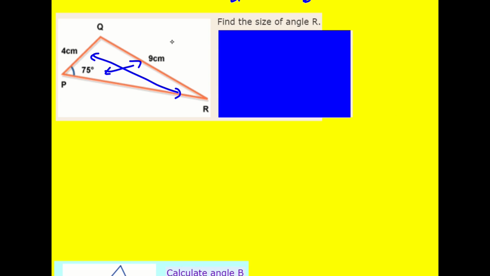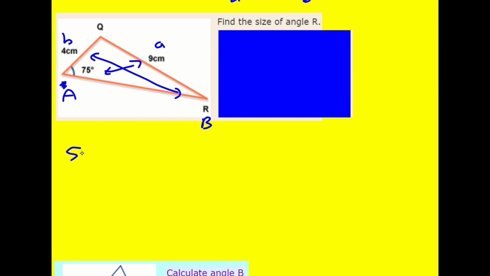I'm going to label this little a, and then this will be capital A. It's absolutely fine to relabel as I like, instead of using Q, R, and P. And then I'll call R capital B, and this little b here. So now I can write down my new version of the sine rule.